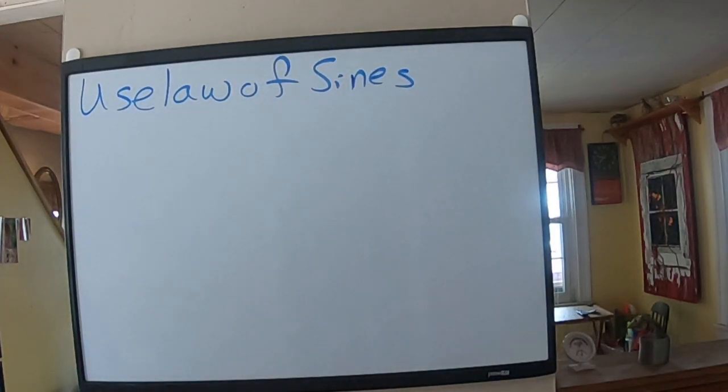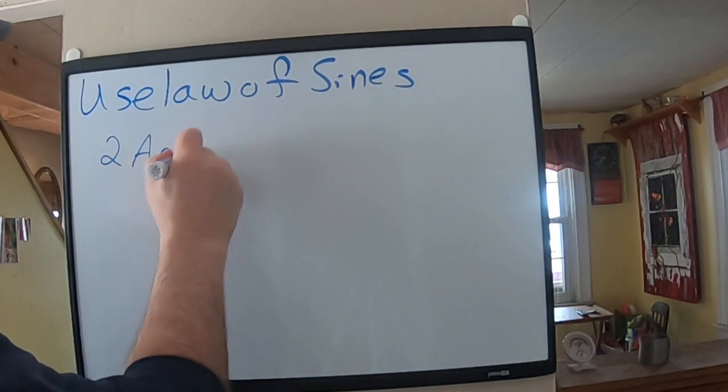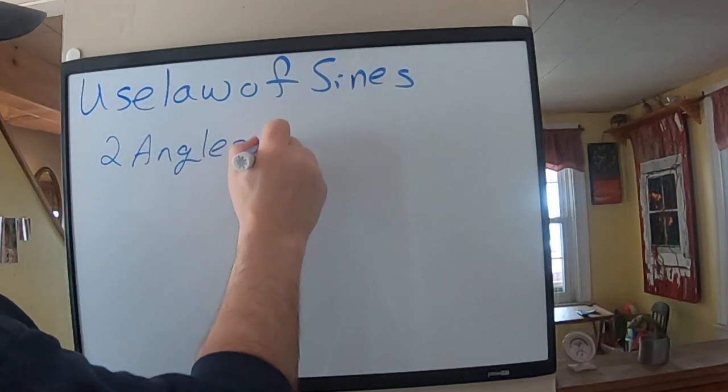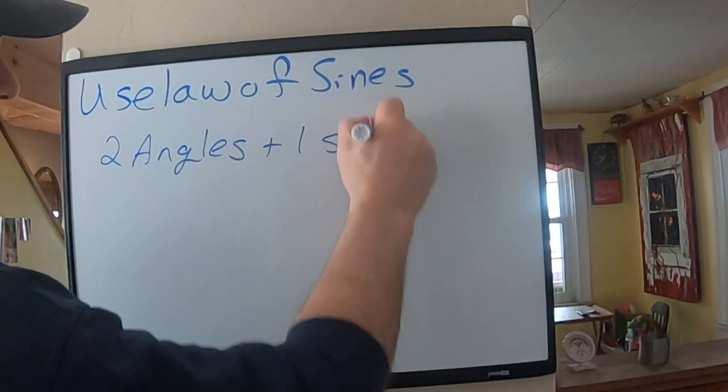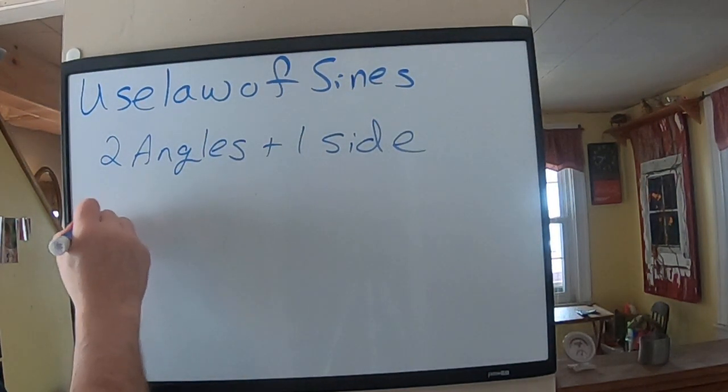You're going to use law of sines when you're given two angles and one side, or two angles, two sides, and the angle opposite one of them.